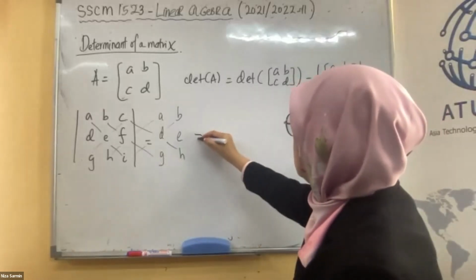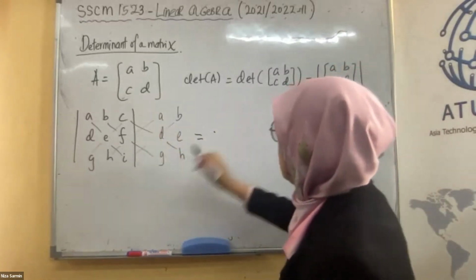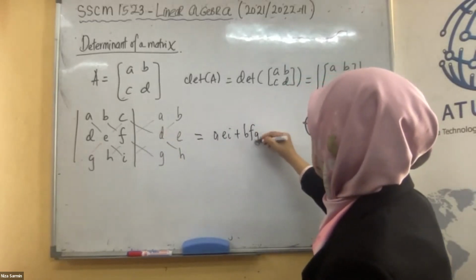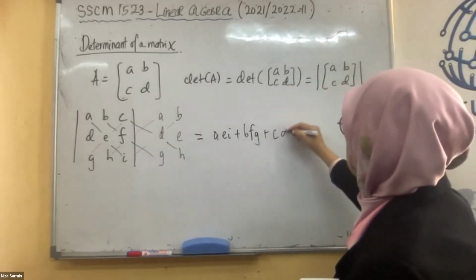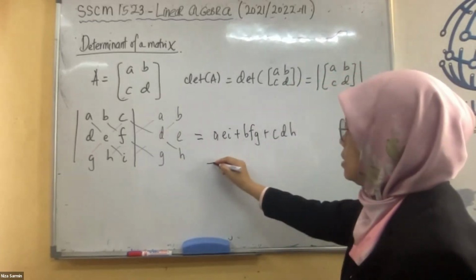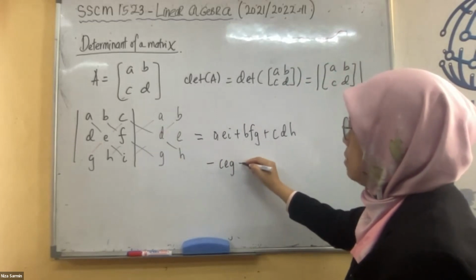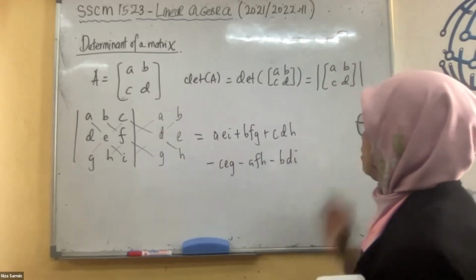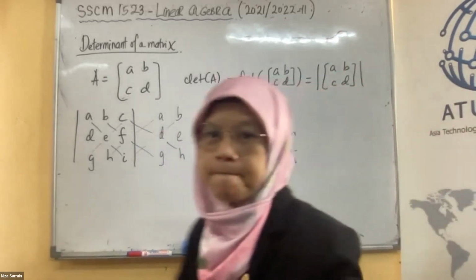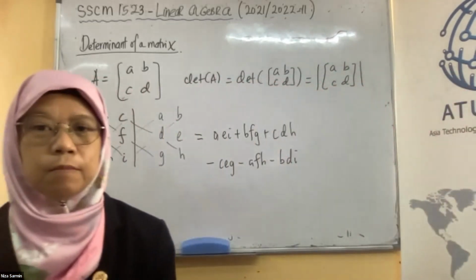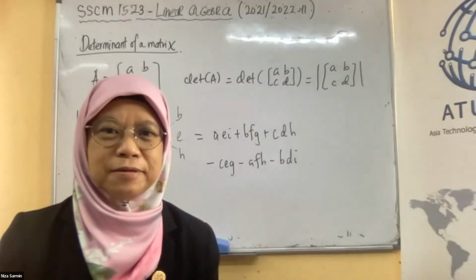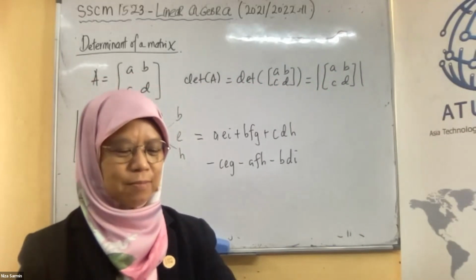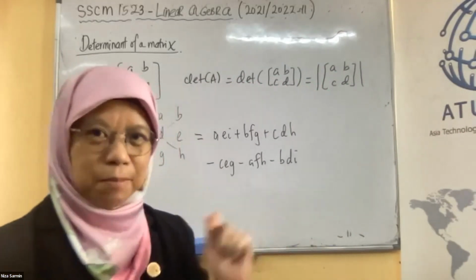So you get AEI plus BFG plus CDH, then you minus CEG minus AFH minus BDI. Okay. This is only for 3 by 3.